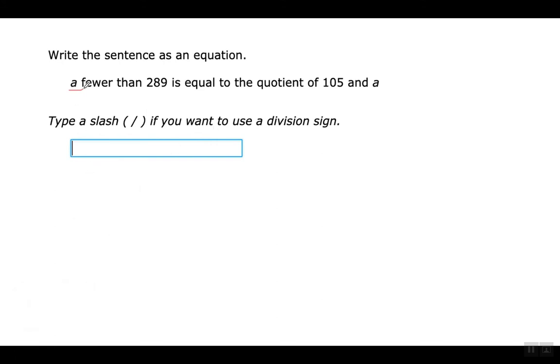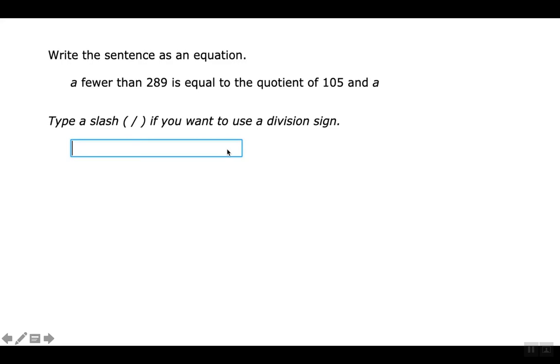Okay, A fewer than. That one, the way it's worded, looks a little funny, but A fewer than. A menos que. So that part is going to be like this. 289 is equal to the quotient, el cociente, of 105 and A. There's my answer. Ahí está la respuesta.